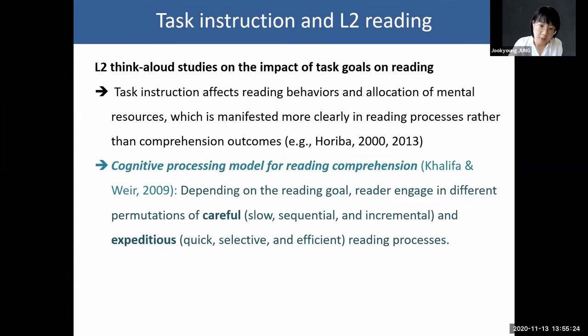According to Khalifa and Weir, depending on the reading goal, readers engage in different permutations of careful reading, that includes slow, sequential, and incremental reading processes, and expeditious reading, a quick, selective, and efficient reading process. So depending on the reading goal, we may go back and forth between these two types of reading processes.